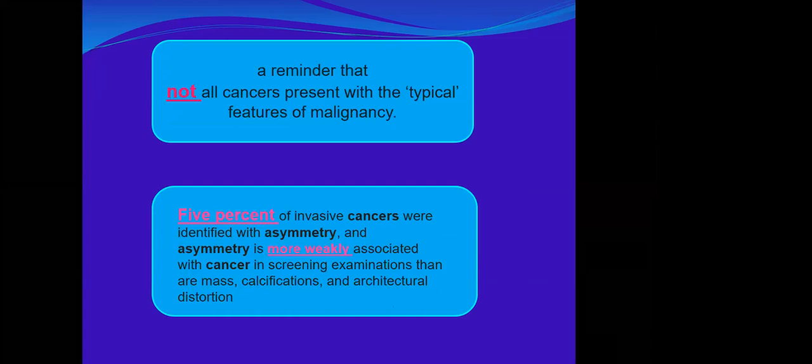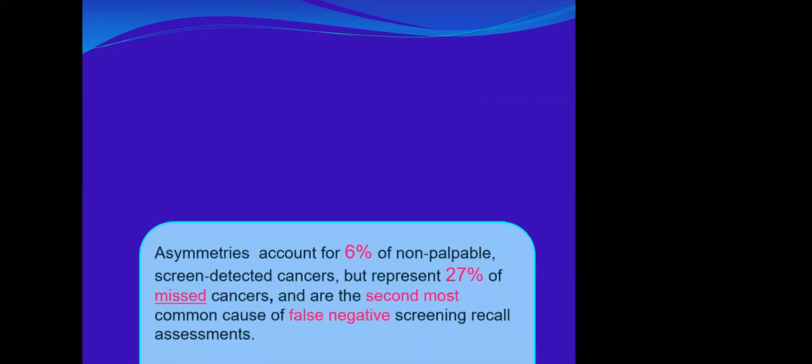Okay, so just a reminder that not all cancers present with the typical features of malignancy. 5% of invasive cancers were identified with asymmetry, and asymmetry is more weakly associated with cancer in screening examination than mass, calcification and architectural distortion.